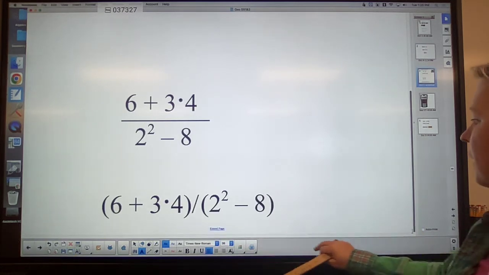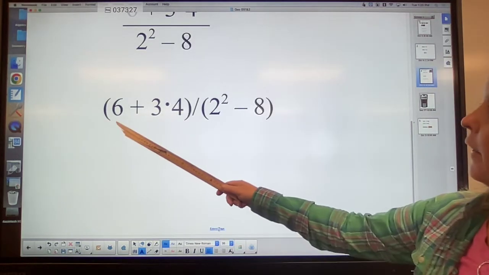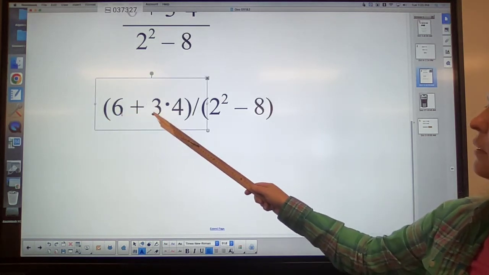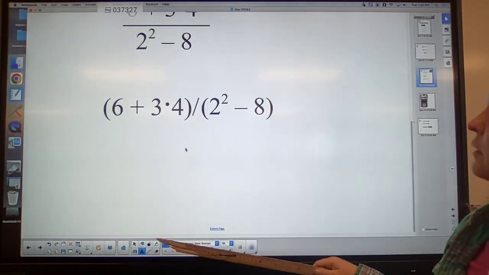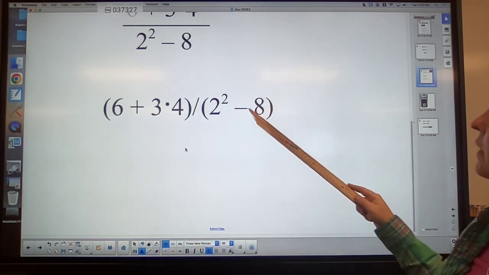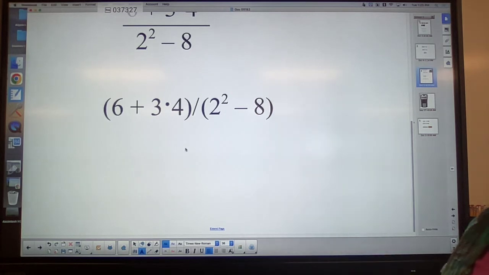So you are expected to put in parentheses the numerator, parentheses 6 plus 3 times 4 parentheses, then divided by 2 squared minus 8 with parentheses also around that.